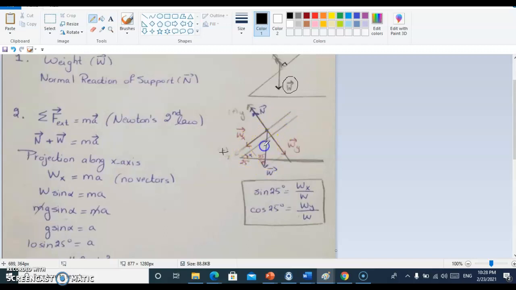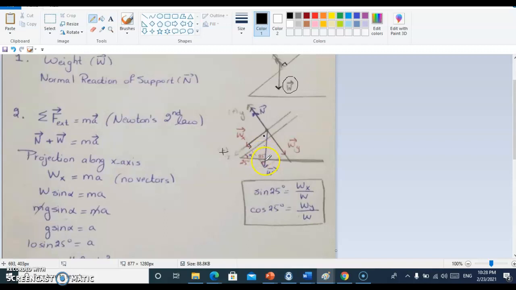So this one is not 25, and this one is not 25. In the bigger triangle, including the weight as a hypotenuse and the x component of the weight as one of the legs, if this is the complement of the 25 degrees, and this is 90 degrees, then this one is the 25 here.